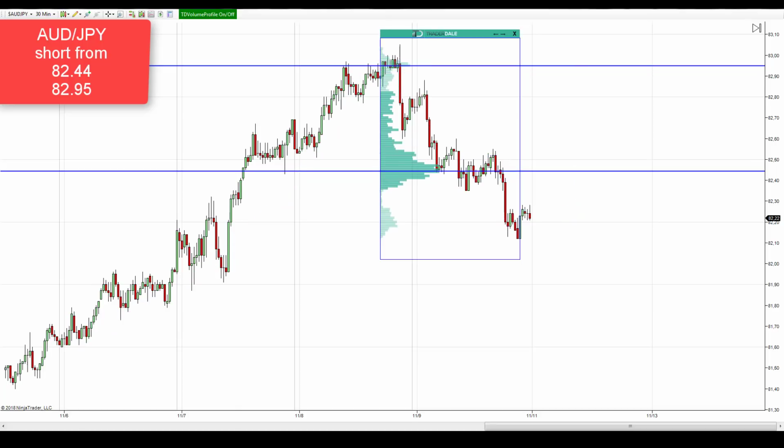So I think that those volumes are volumes of strong sellers who rejected higher prices and initiated this strong sell-off. So when the price makes it back to this level again, I think that those sellers will defend their selling positions and they'll push the price downwards again.